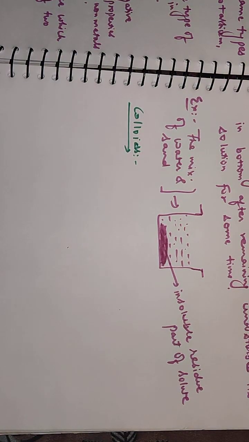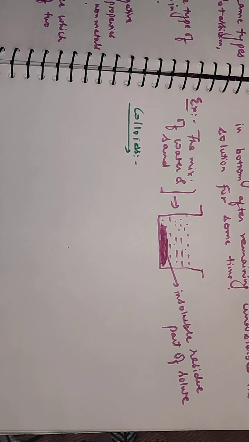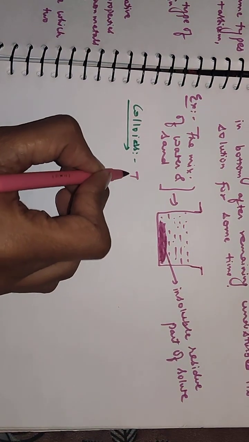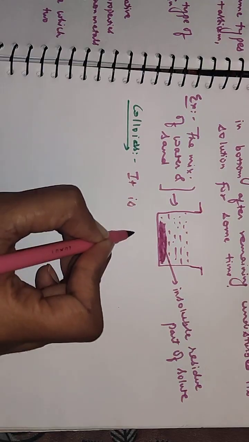A colloid is a solution whose particle size is between 1 and 1000 nanometers.